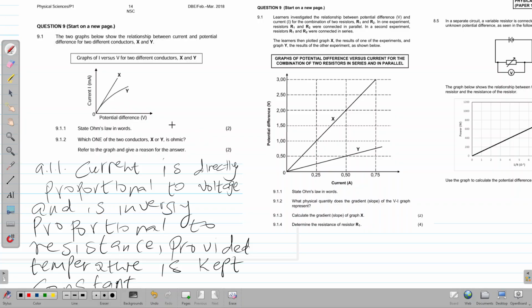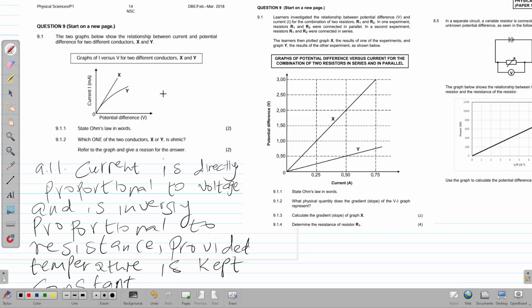As potential difference increases, the current also increases for both conductors. But for conductor Y, the graph is a curve, so it's not a straight line. So this is not a linear relationship, and therefore this is non-ohmic.